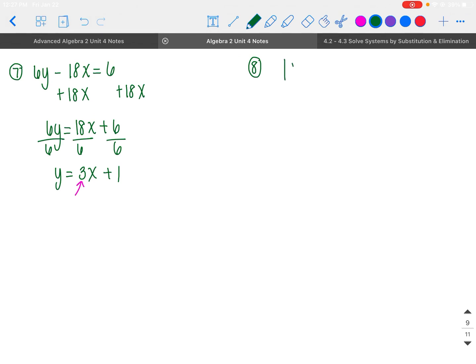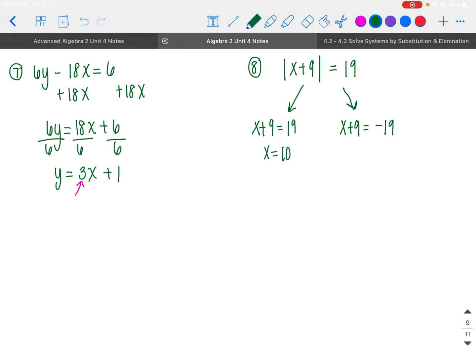Number 8, when we have absolute value. So absolute value of x plus 9 equals 19. We have to have two different equations. The first one, we take x plus 9 and set it equal to 19. And the other one, x plus 9 equals negative 19.